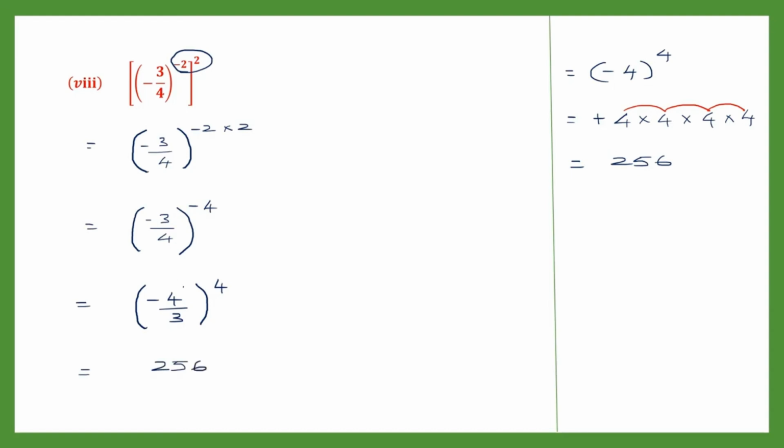Now down below we have 3 raised to the power of 4. 3 raised to the power of 4 is 3 into 3 into 3 into 3. So this is 3 threes are 9, 9 threes are 27, 27 into 3 is 81. So here we have 256 by 81. So this is our final answer, 256 by 81.